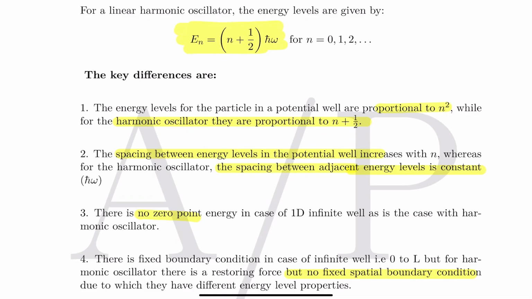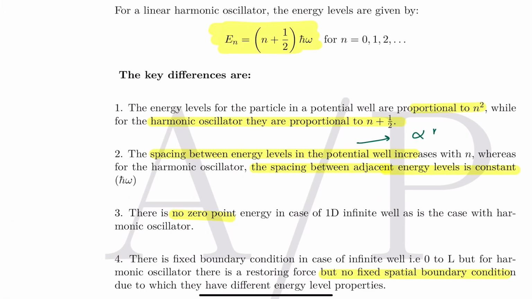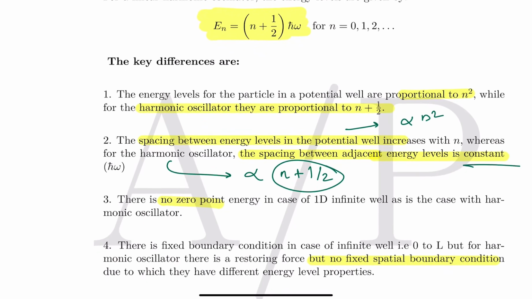So the spacing between energy levels in the potential well increases with n, because it is directly proportional to n square. But for the harmonic oscillator, it is not going to increase; it is going to be constant only.